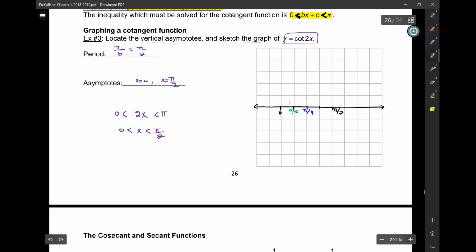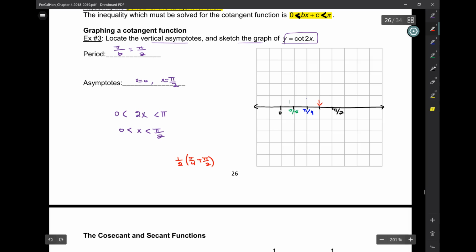And now I'll do the next one in red. That's the center of pi over 4 and pi over 2. So what I'm going to do is I'm going to take those two, pi over 4, pi over 2, add, divide by 2. Okay? So how much is that?